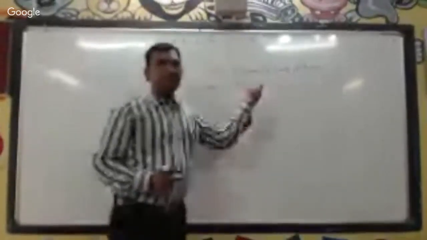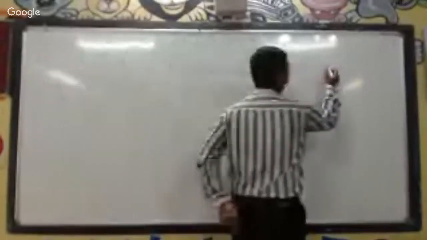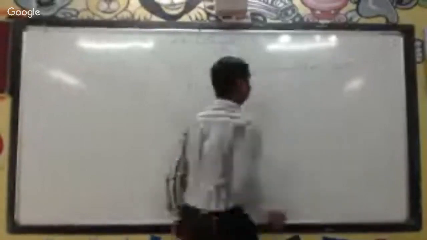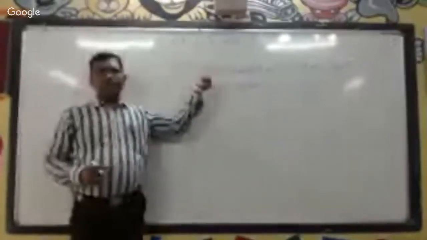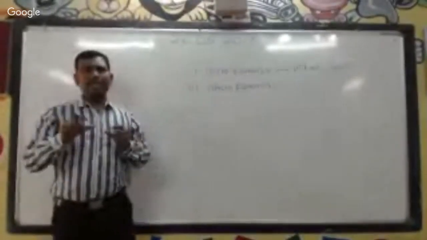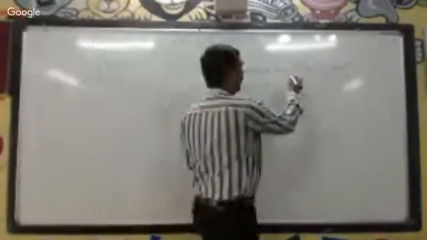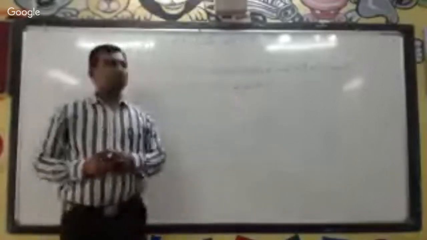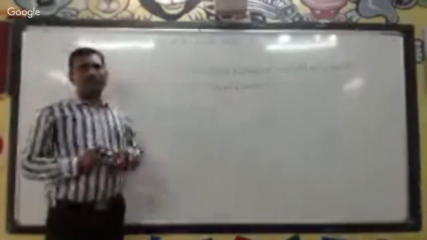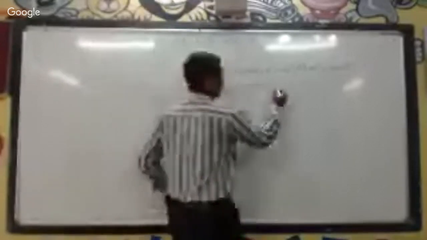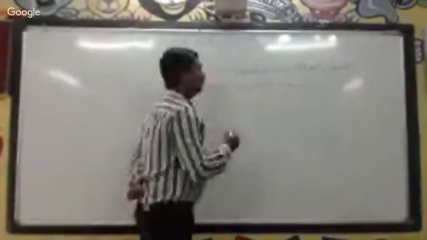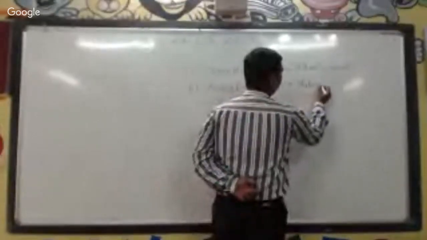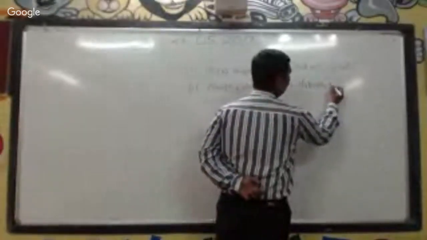What is the meaning of mikros? Mikros means small. And next, macroeconomics. The word macro is derived from the Greek word makros, M-A-K-R-O-S. Makros means large.